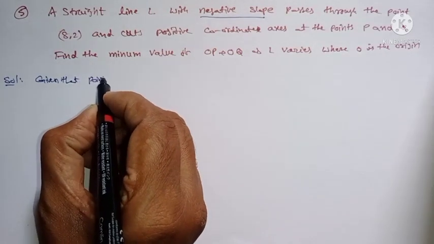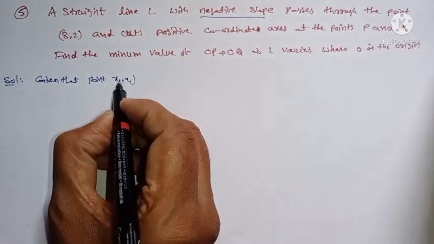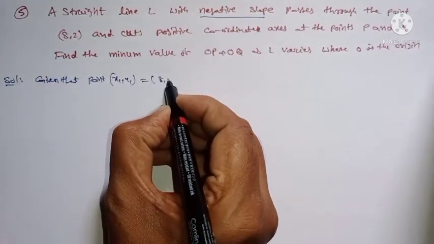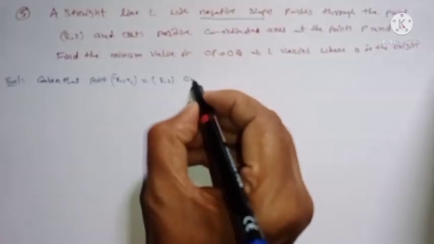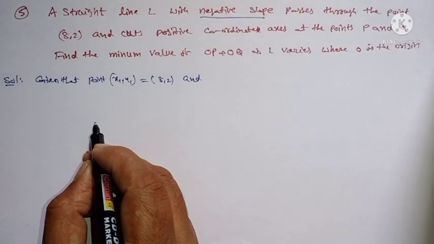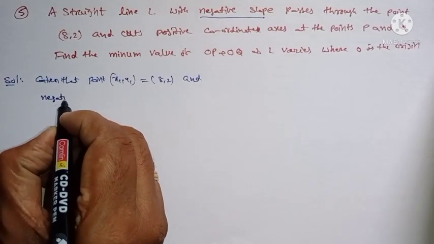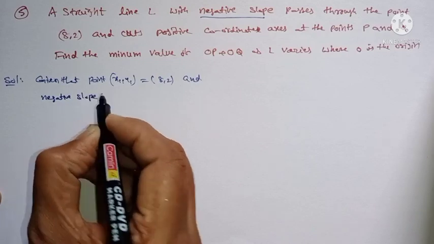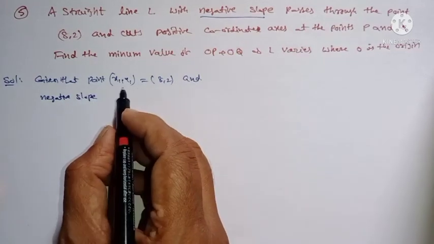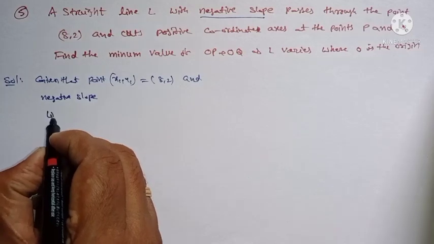Next, first observe what we are given. The point x1 comma y1 is equal to, what is given here? 8 comma 2, and a negative slope. Having this, how can we write the line equation?